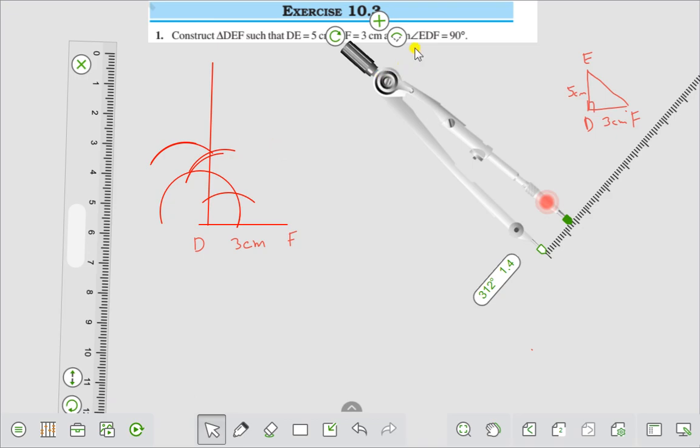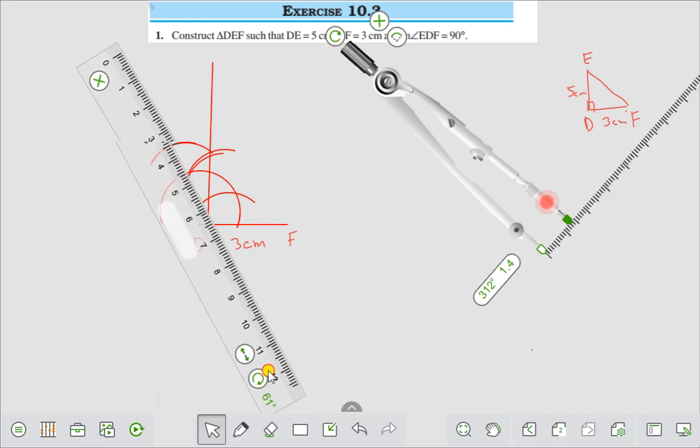This is the 90 degree angle, and DE is 5 centimeters.